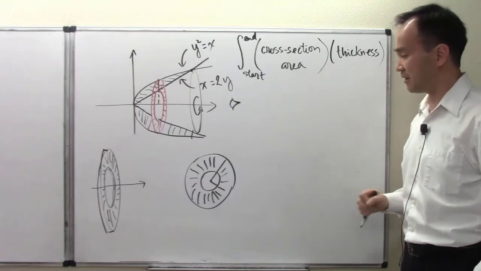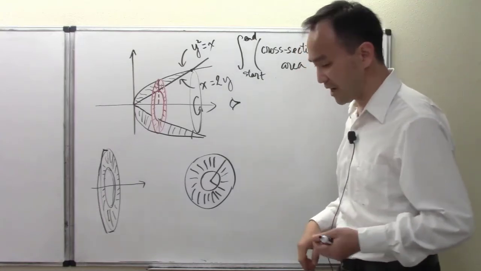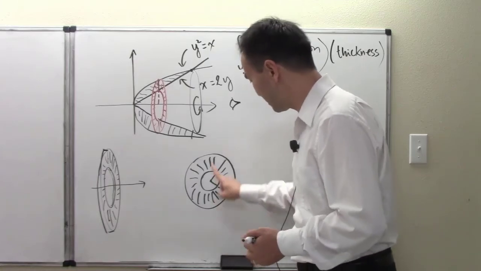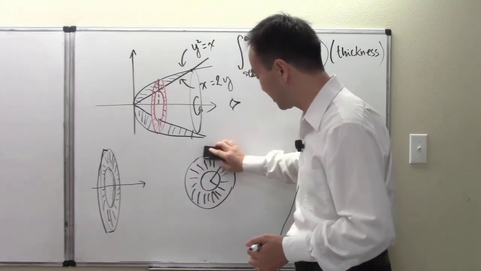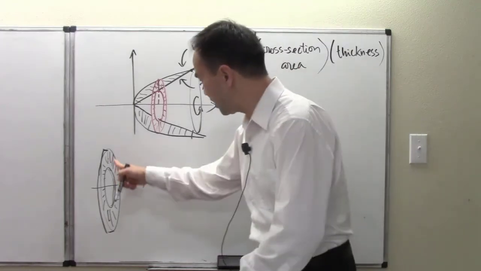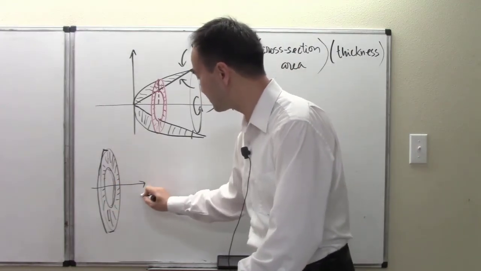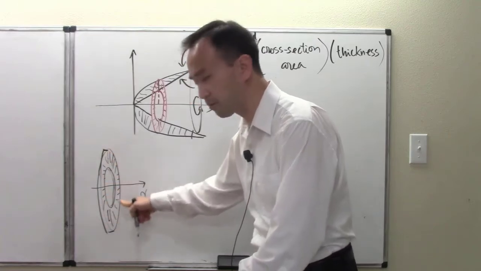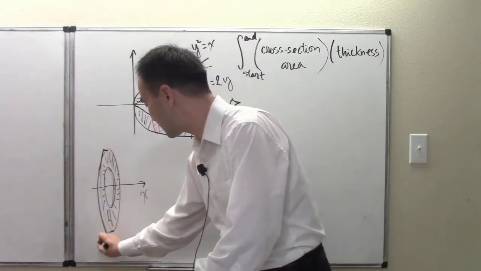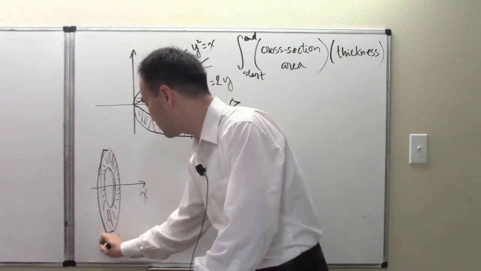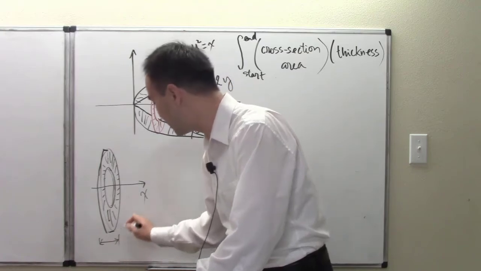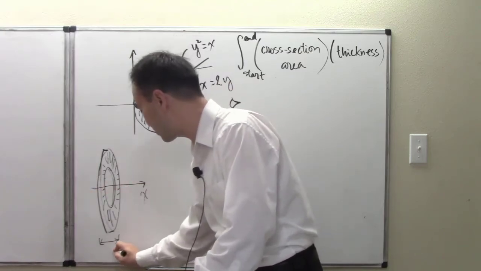All right, so now allow me to erase this picture, and I will redraw that somewhere else, in a different space of the board. In the way we're placing the x-axis here, and in the way we're placing each of our washers, the thickness must be the infinitesimally small change in the x values, that's dx.